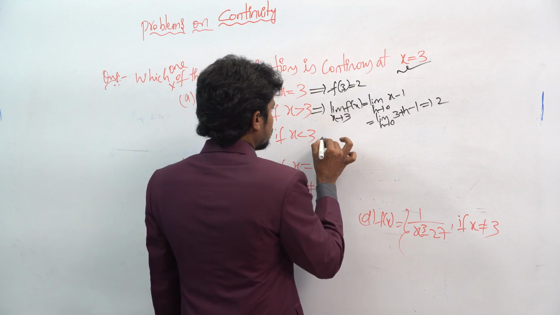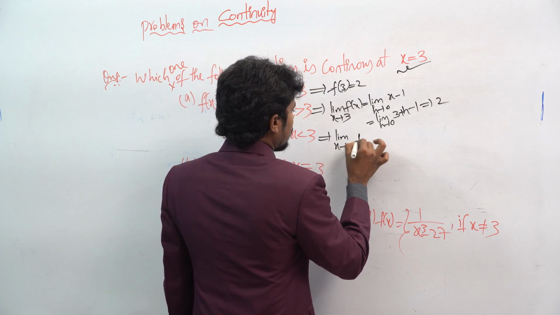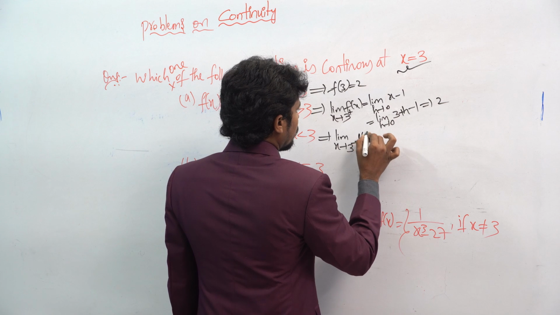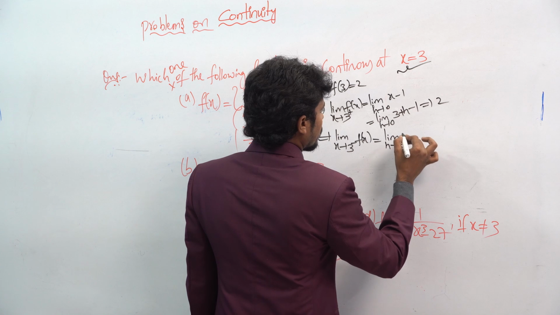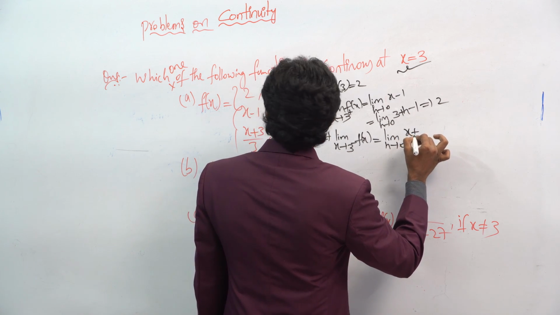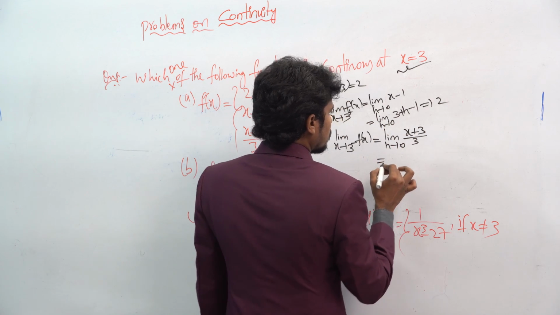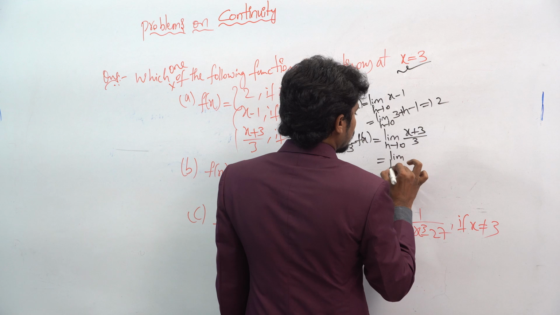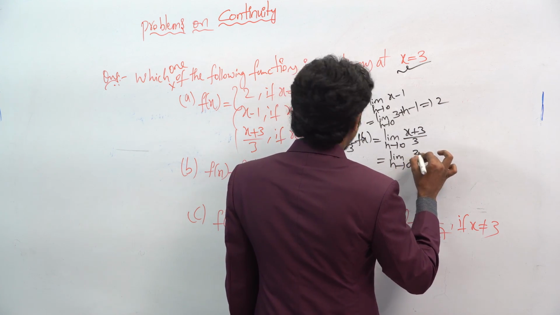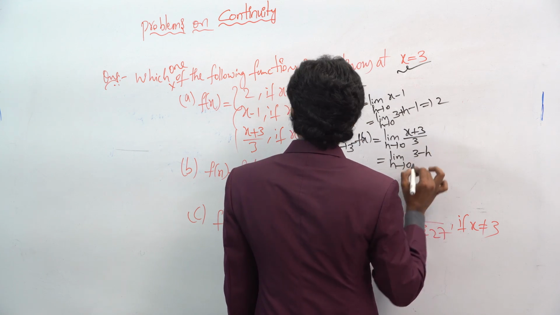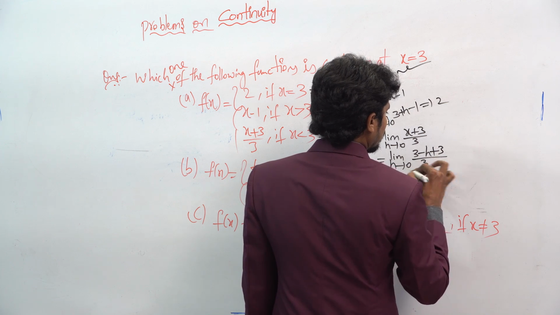Now the limit x tends to 3 minus f of x will be equal to limit h tends to 0 of x plus 3 divided by 3. So this will be the limit h tends to 0 of 3 minus h plus 3 divided by 3.